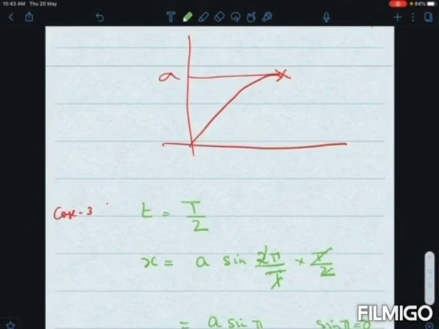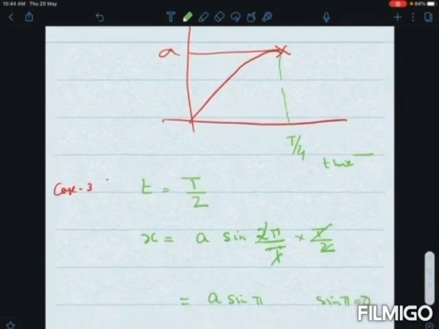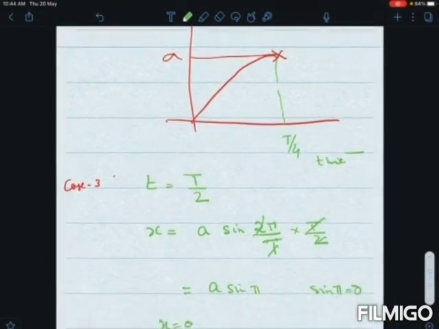I can draw this. Here it is T by 4 on this time axis. Next at T by 2, it will be 0. The displacement is 0.